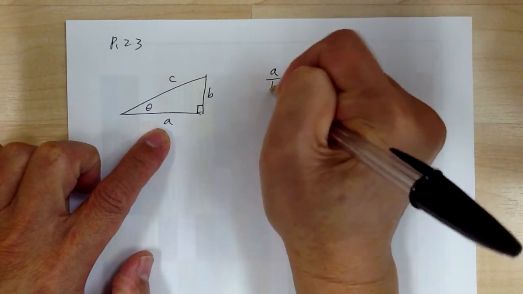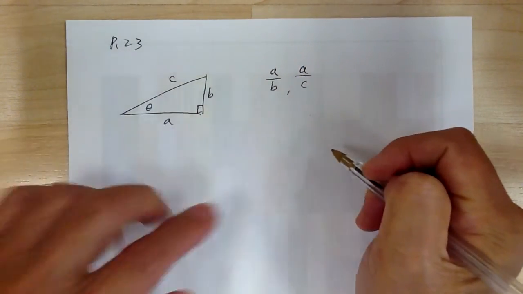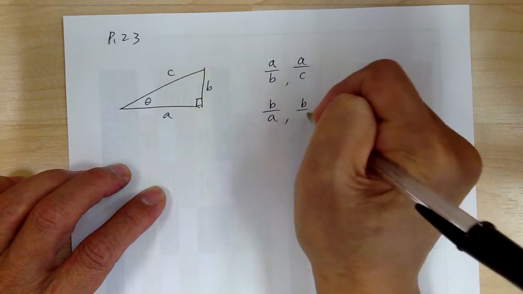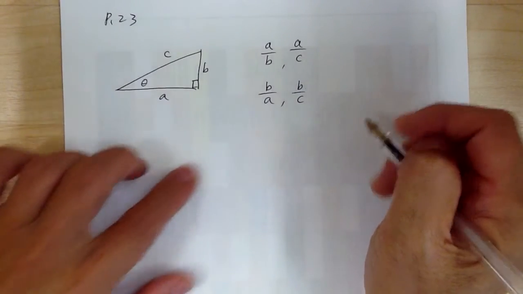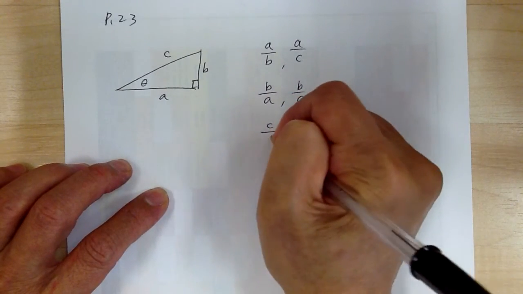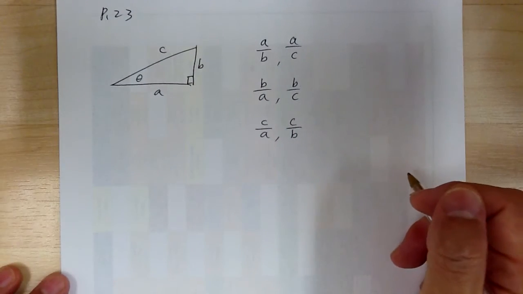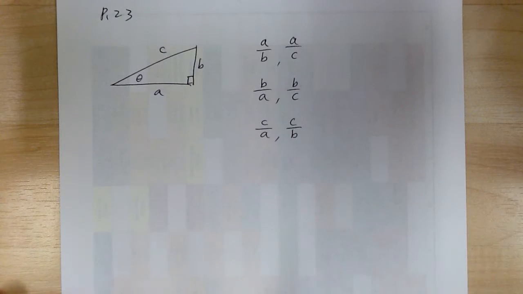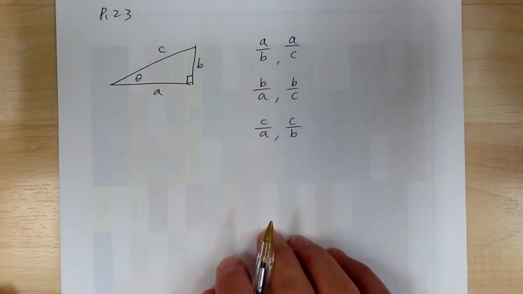You have A over B, and you can have A over C. Then after you're done with A, you can do B. So you can have B over A, and B over C. After that, you can go to C. So you can have C over A, and C over B. So there are 6 different ratios. Now, these 6 different ratios are very special, so there is a name for each one of these.